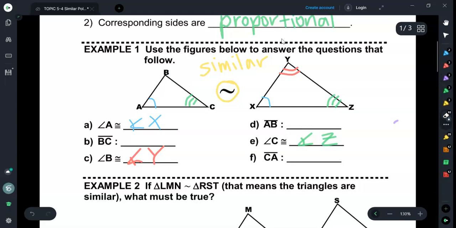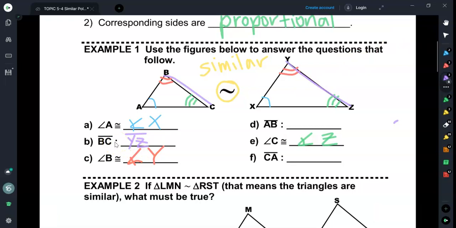Oh, no. Okay, I can fix this. Hold on one moment. We can always fix things. There we go. Okay. So BC is going to be proportional to YZ. Do you see how that has a colon there? This does not mean equals, guys. They are not equal.